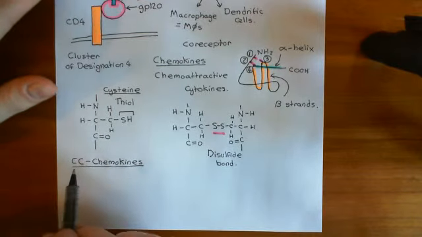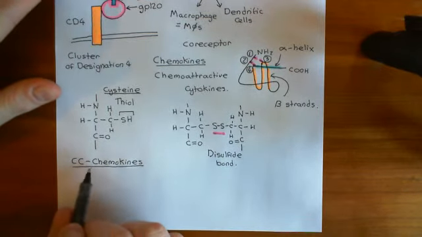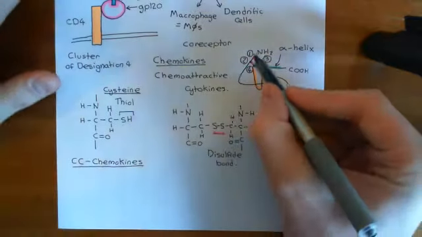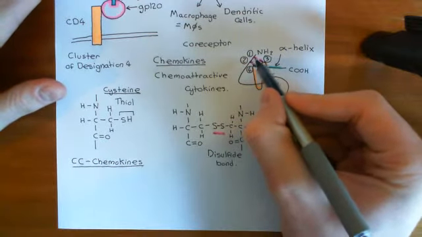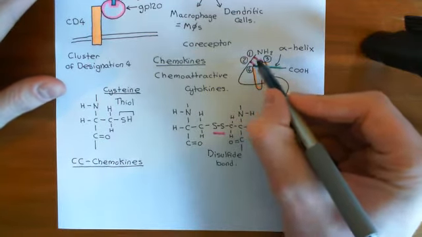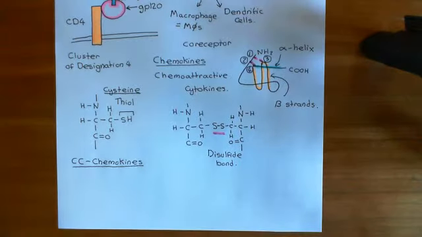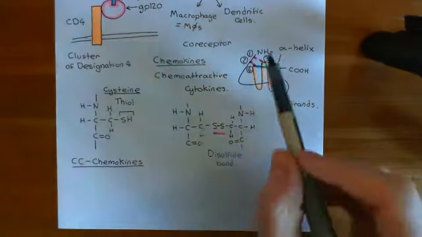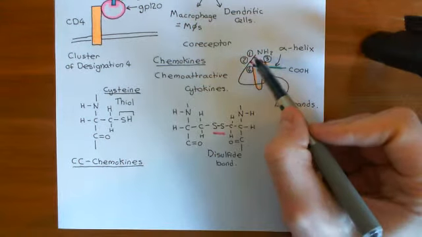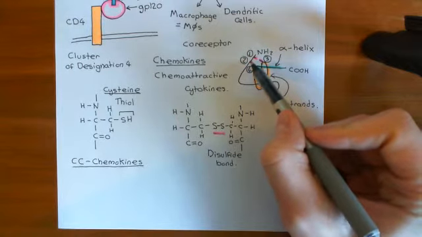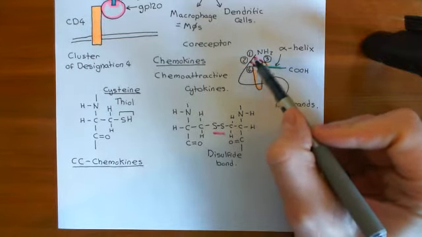Well, basically, in this family, all of these chemokines have cysteine 1 and cysteine 2 actually next to each other. The naming system for the different families of chemokines tells you the positions of cysteine 1 and cysteine 2 relative to one another.